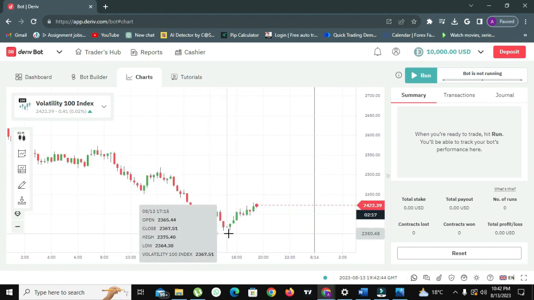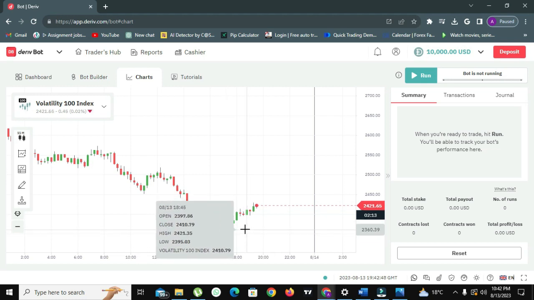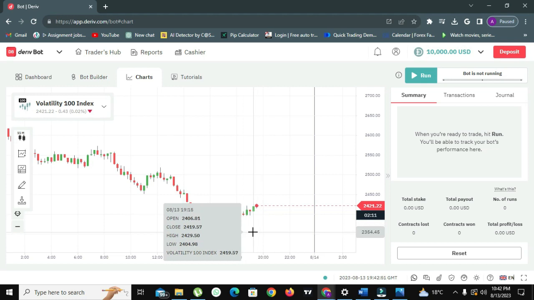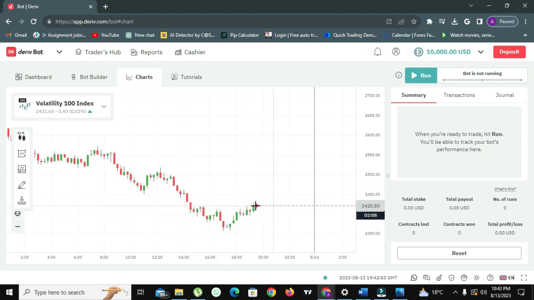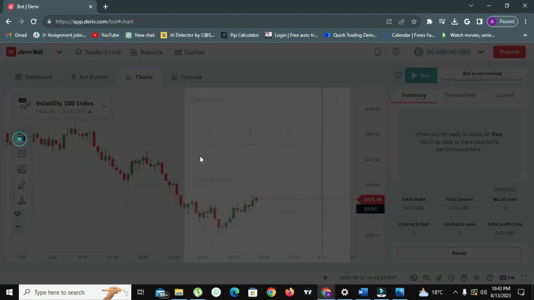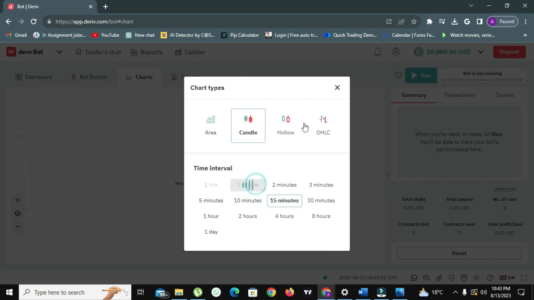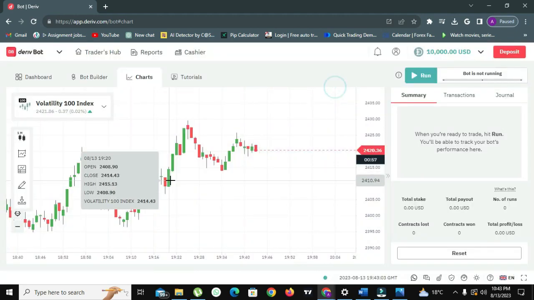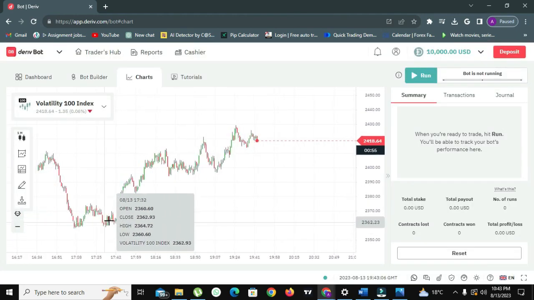So basically, you only start running the bot when you have identified a support area. If you do it here, it's still good. But if you go to a shorter time frame of 1 minute, you can see that this was where the support was.